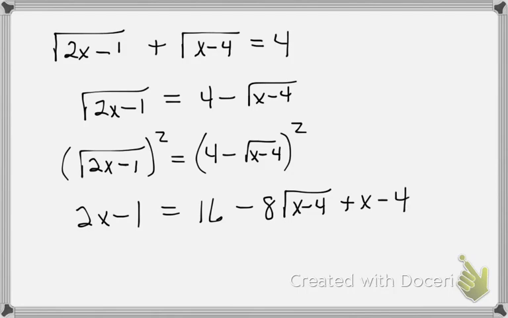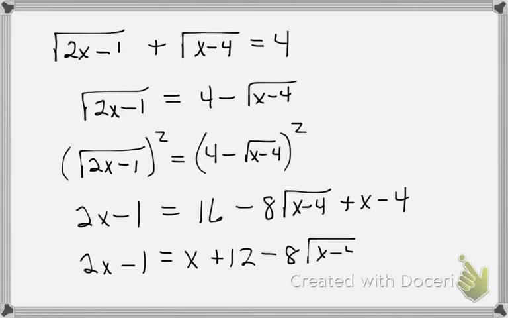Good job. So if I do the cleanup for you, then 2x minus 1 would equal x plus 12 minus 8 square root of x minus 4. You guys okay?